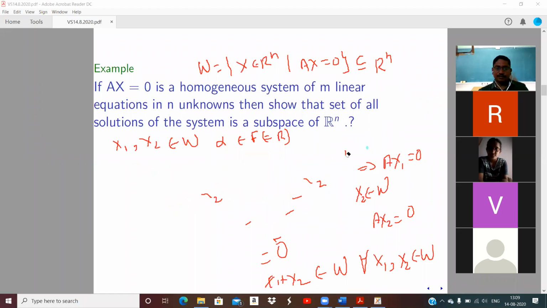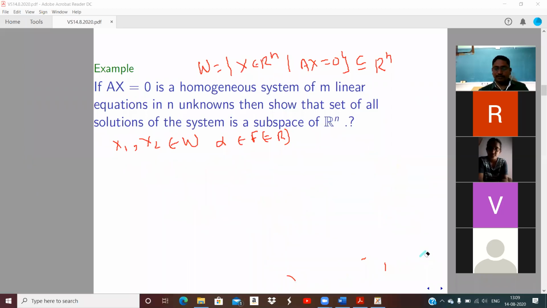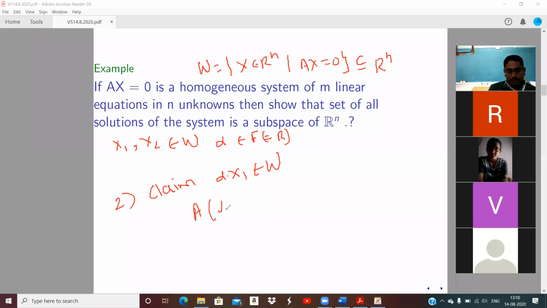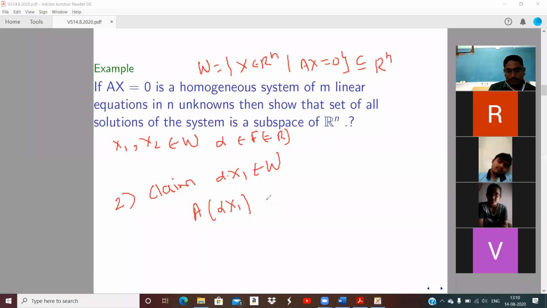The last condition we need to verify is that scalar multiplication is closed. So you choose alpha as a scalar and take x1 or x2, any one. The claim is that alpha times x1 belongs to W. So let us show that alpha x1 is a solution to Ax equal to 0.